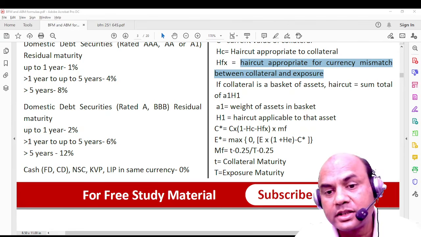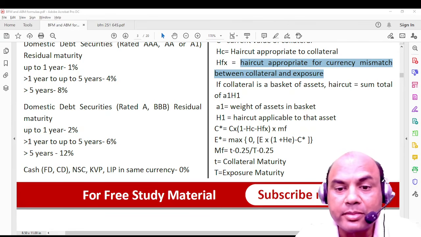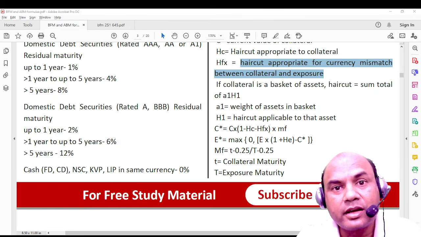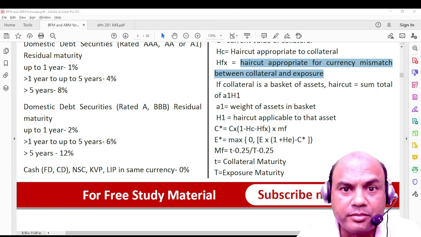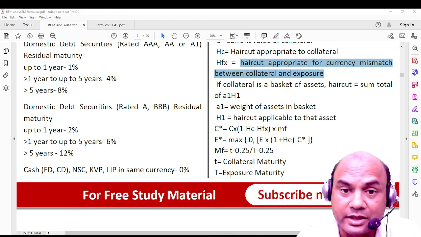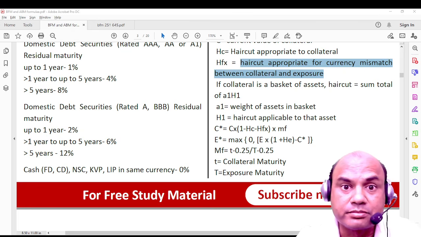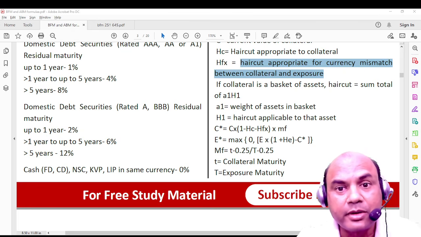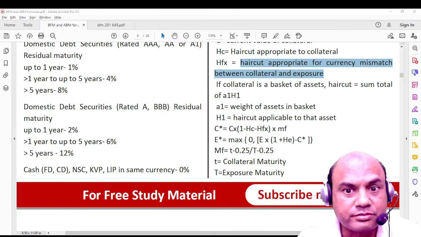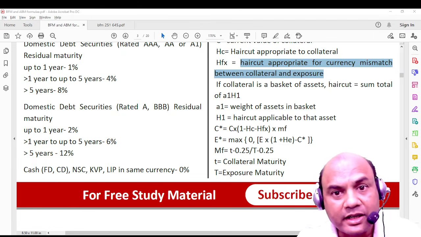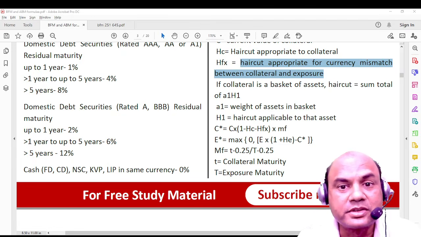If the collateral is a basket of assets, what do you mean by basket of assets? If there are two or more assets, for example, one I have taken in the live classes: the loan is backed by RBI bonds and also by AAA rated bonds, debentures.